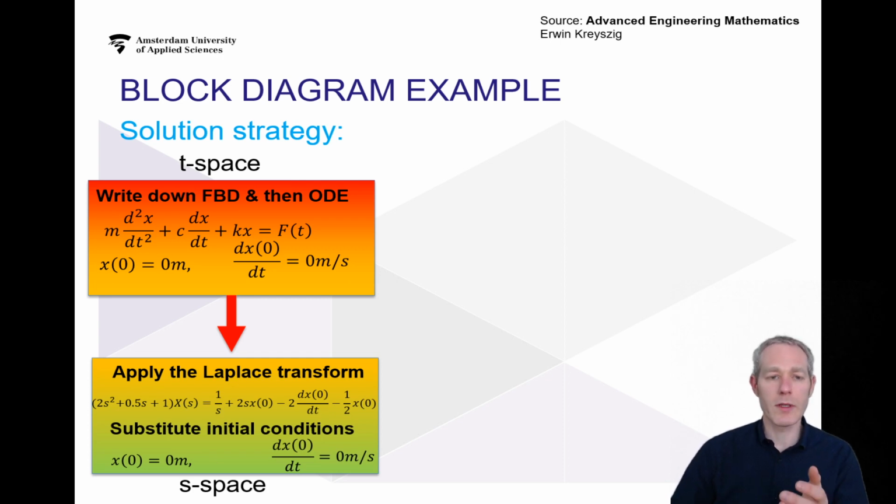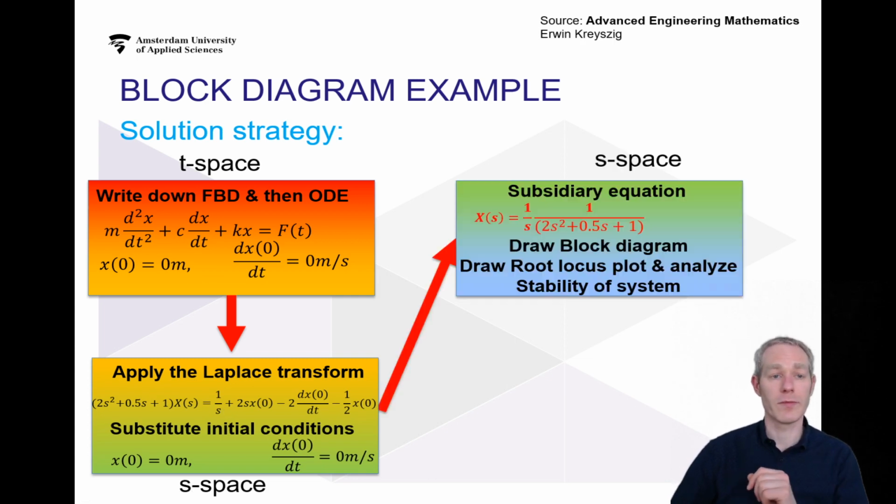Well, what can we do with the system once we have it in S domain? And remember that a differential equation in the time domain translates to an algebraic equation in the S domain. So they're relatively easy to solve.